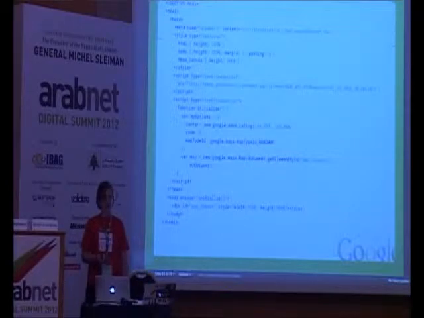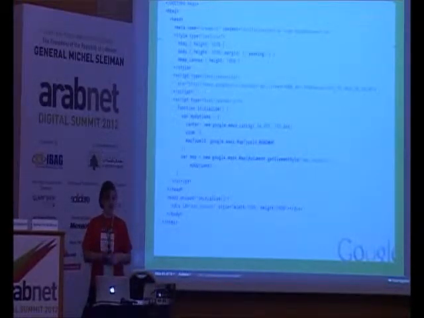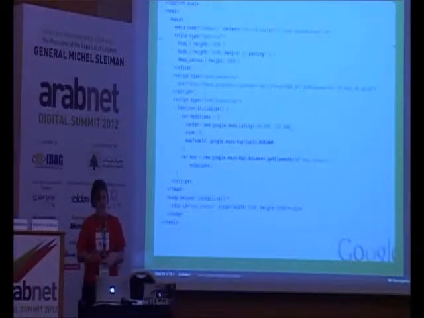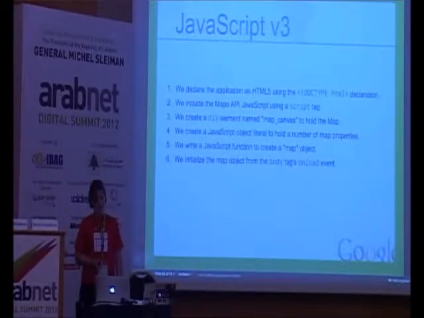Then you create a function with the myOptions object where you specify all the parameters, and you have the div element in your HTML file, which contains this map object, called here map canvas. So just once again, important points here. What we did in the JavaScript example, which you can try out as well.